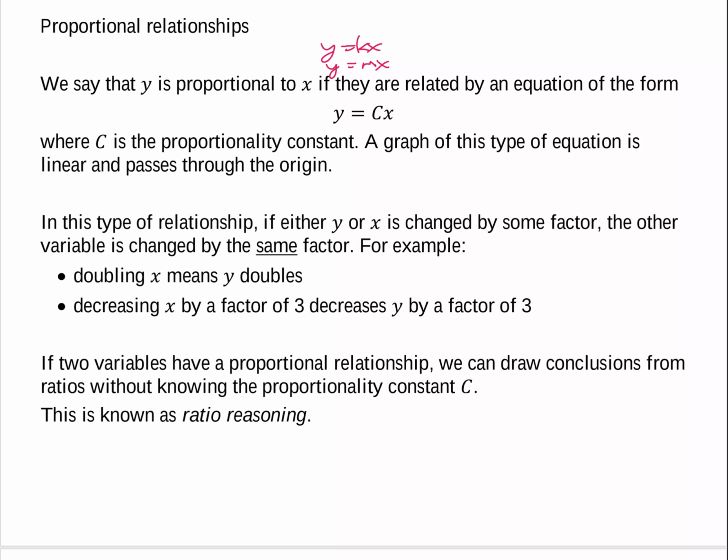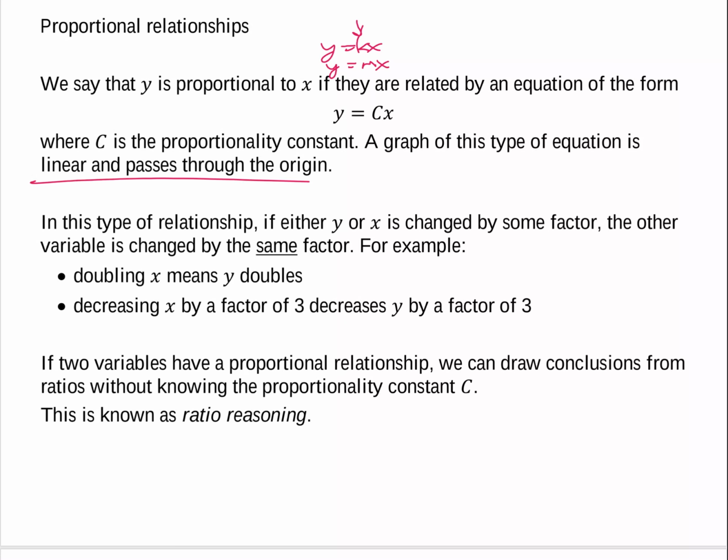They're linear relationships that go through the origin if we graph them, okay? Here we're saying y equals cx. It's all the same thing, all right? So c is the proportionality constant. k in Algebra 1 was the proportionality constant. It's all the same thing. All right, m is the slope, and it's the proportionality constant. It's all the same. All right, so a graph of this type of equation is linear and passes through the origin still.